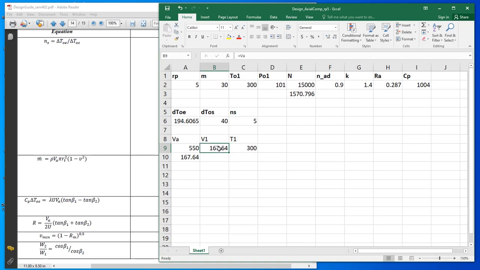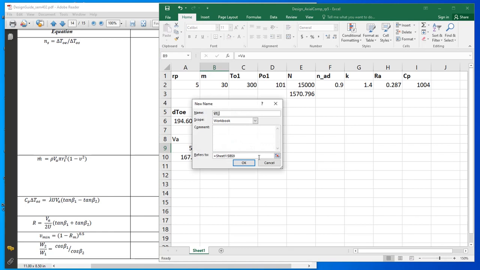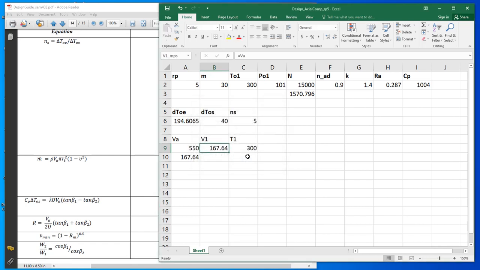Did we define that name? We did not define that name. Define name, V1 MPS, meters per second. So let's go ahead and change that formula, V1 meter per second, and enter.